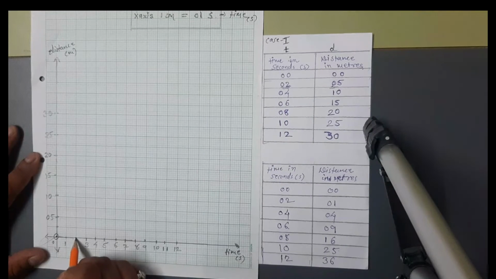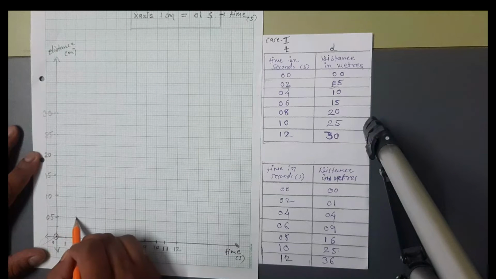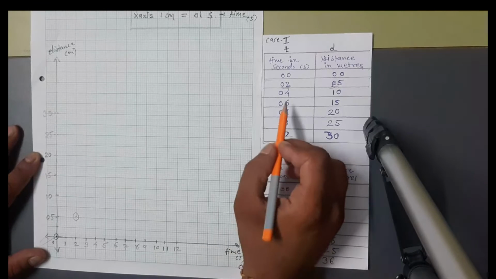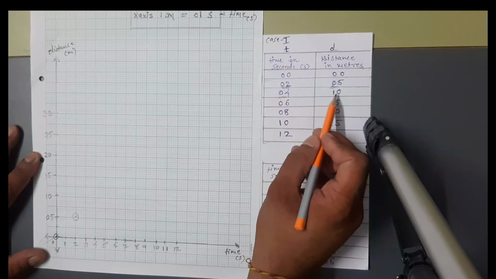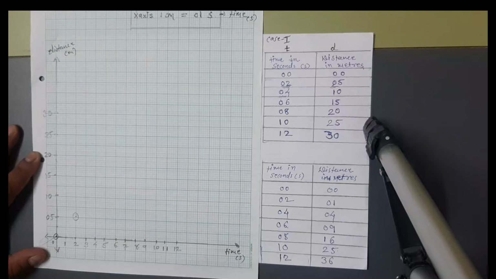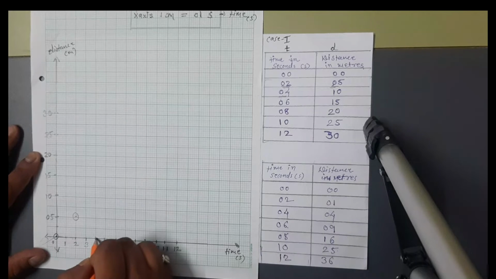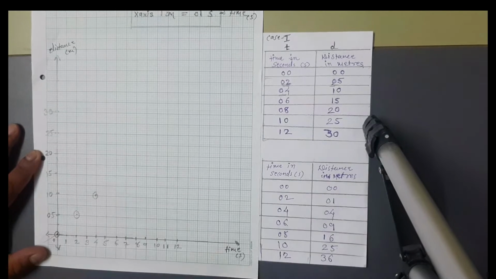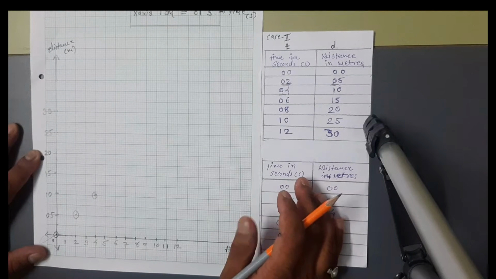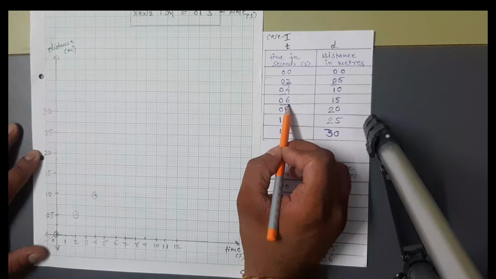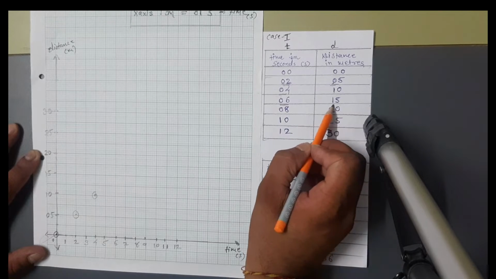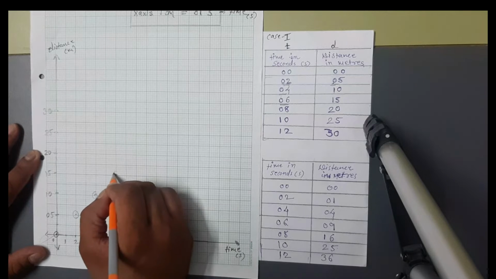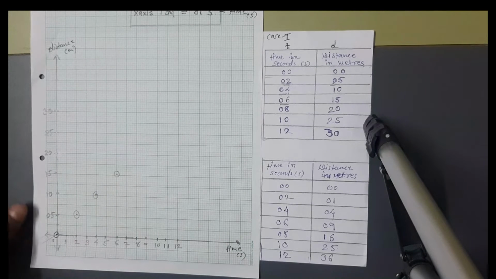So our second point will be here. The third point, at 4 seconds it is traveling 10 meters. So when the time is 4 on the x-axis, on the y-axis we will get 10. The next reading, at 6 seconds of time we are getting 15 meter of distance.